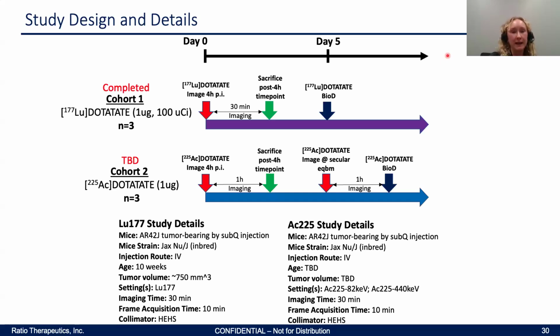We then performed a biodistribution on the tumor and kidneys. So we collected those organs, gathered their weights, and also ran them on a gamma counter to be able to compare biodistribution data from the same mice to imaging data ROIs.